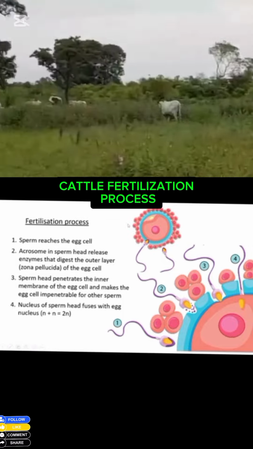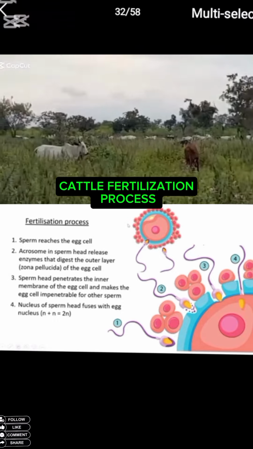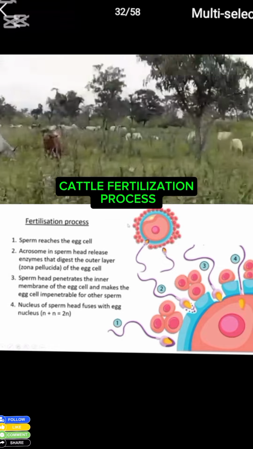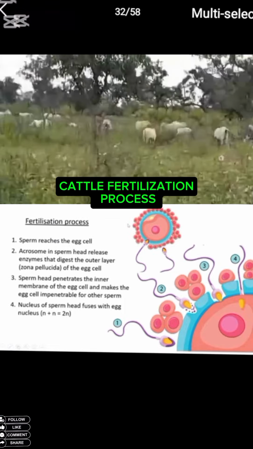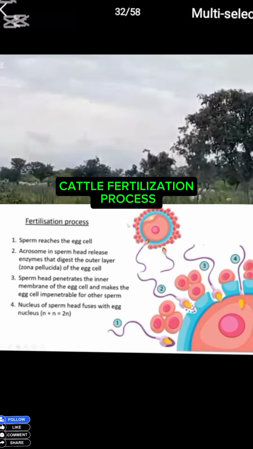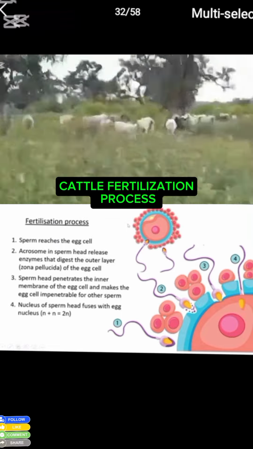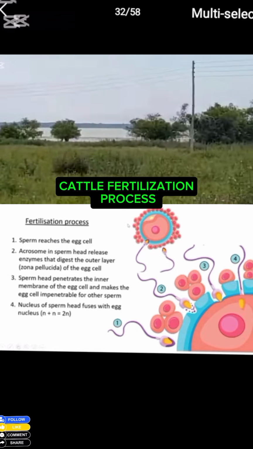The fertilization stage. Upon reaching the ovum, a capacitated sperm's head undergoes an acrosome reaction, a crucial event where enzymes are released to help it penetrate the ovum's protective outer layer, the zona pellucida.